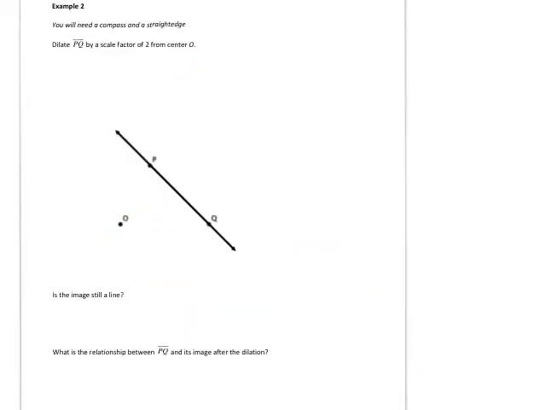Alright, we're going to do the same thing, only this time we're dilating a line, which means I have 2 points on the line. I'm going to dilate from a center of O, and my scale factor is 2 again. So the process is the same. Again, you use the straight edge, you draw segment OP and OQ and extend beyond, and then we take our compass, center at O, we mark off that length, and we mark off the same length.